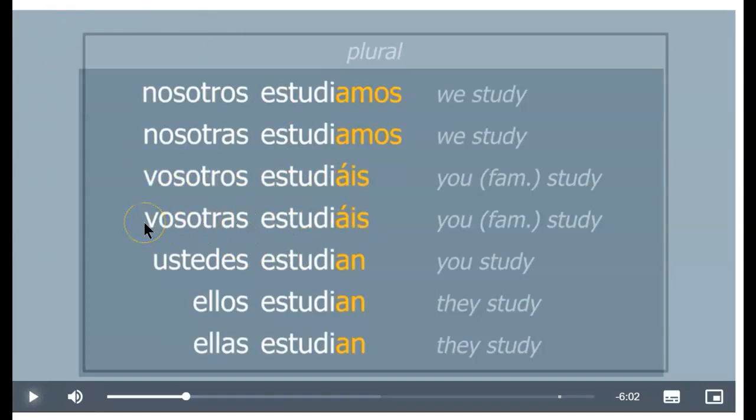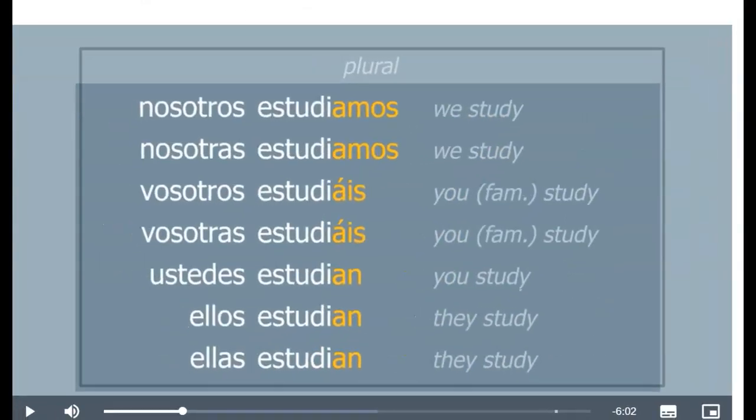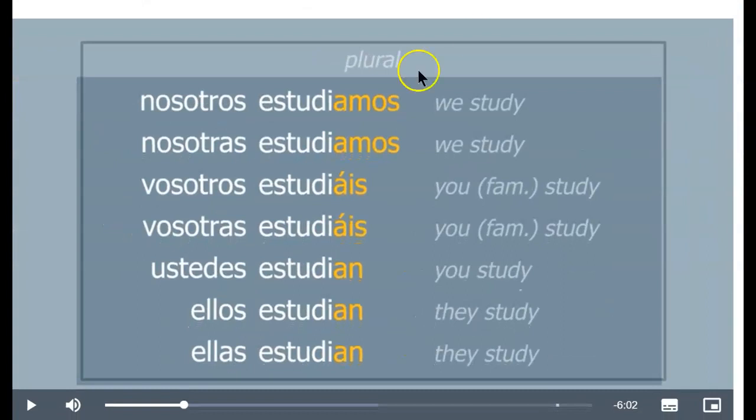So if you are currently filling in your box on the verb estudiar, let me get it dragged over here, this box here, if you're filling it in, remember, we skipped that. See this empty box right here? That's where the vosotros would have gone had we learned it. Vosotras estudiáis, ustedes estudian, ellos estudian, ellas estudian.